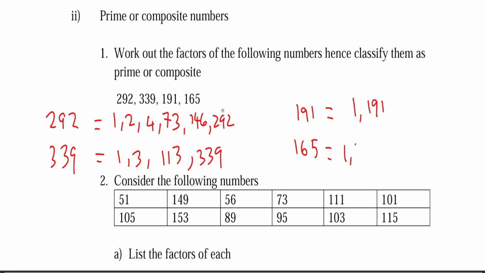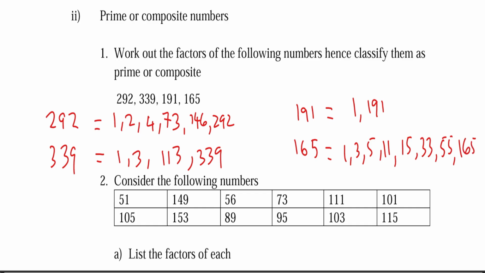For 165 we have 1, 3, 5, 11, because you can divide by 11 as well, 15, 33, 55, and lastly 165.